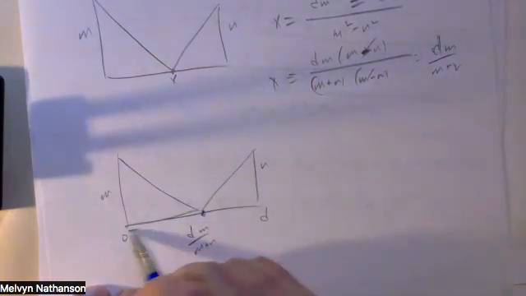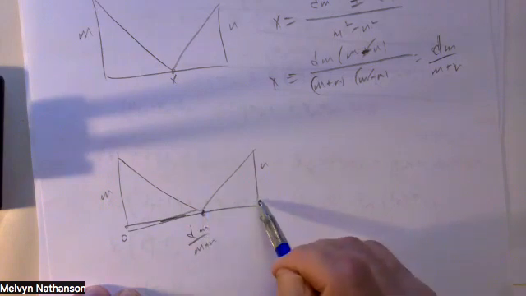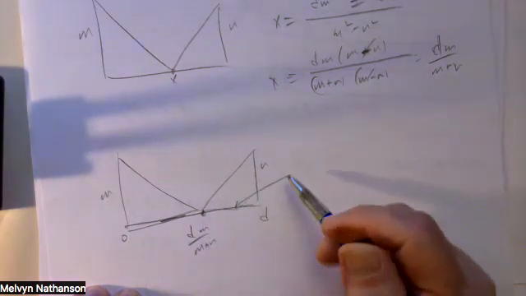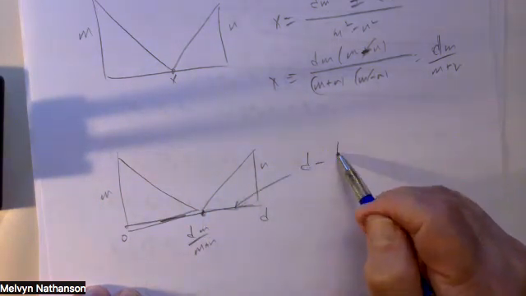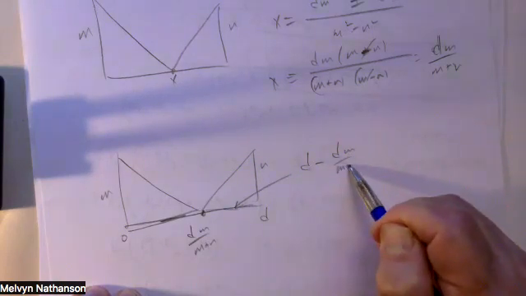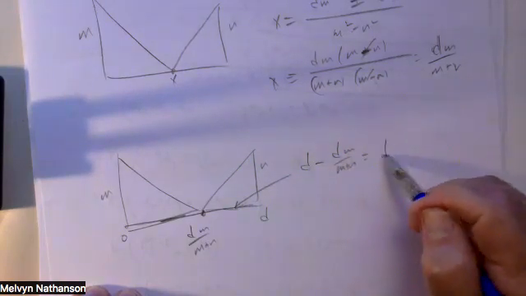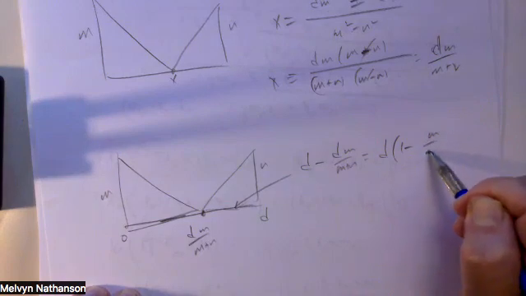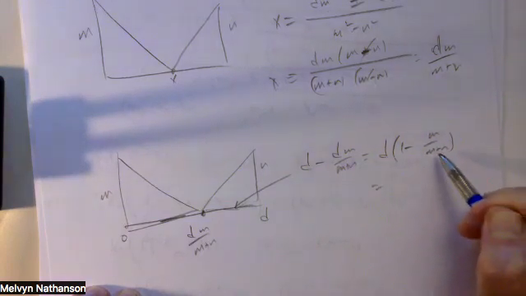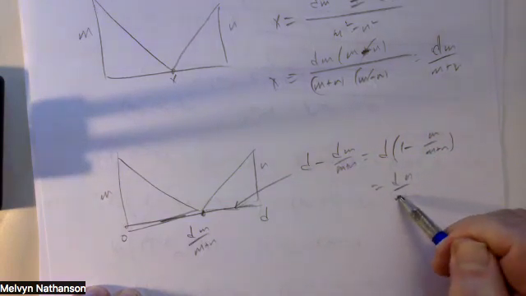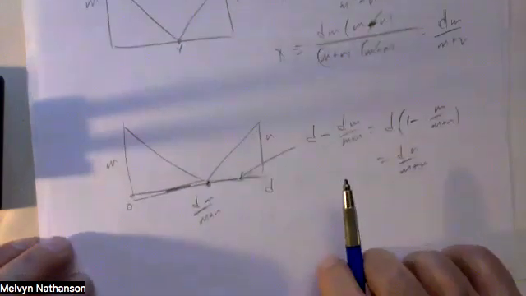So that's what this distance is. And this distance from here to here is d minus dm over m plus n, which is d times 1 minus m over m plus n, which is dn over m plus n.